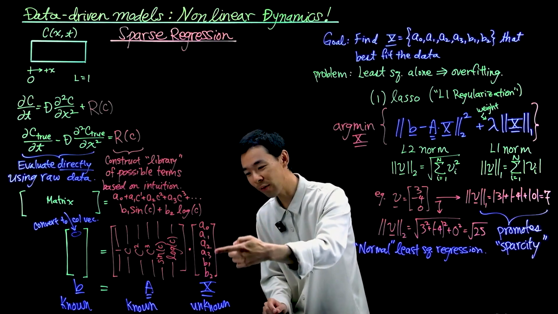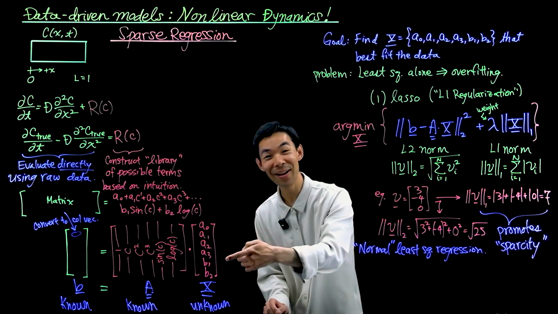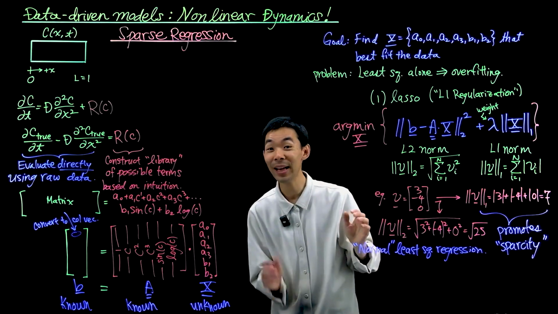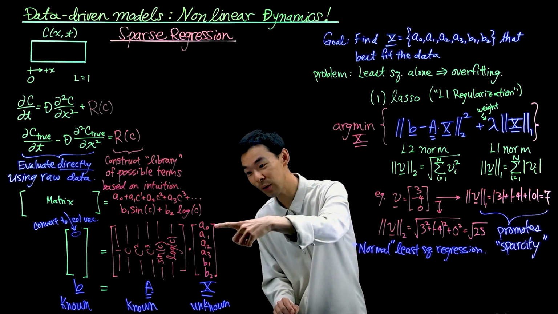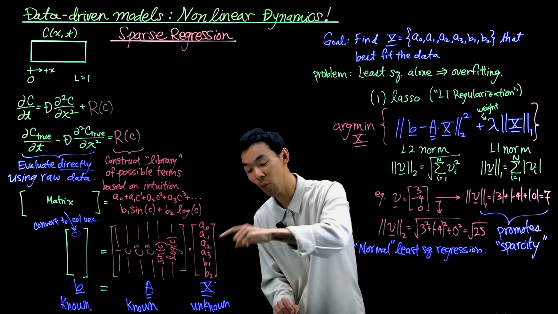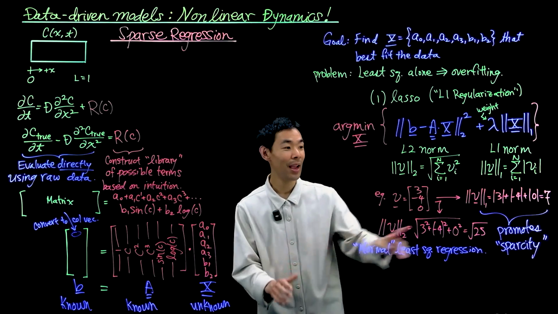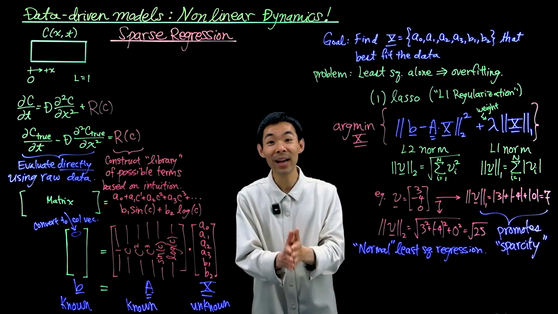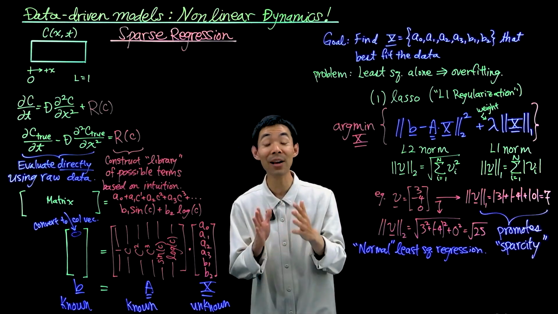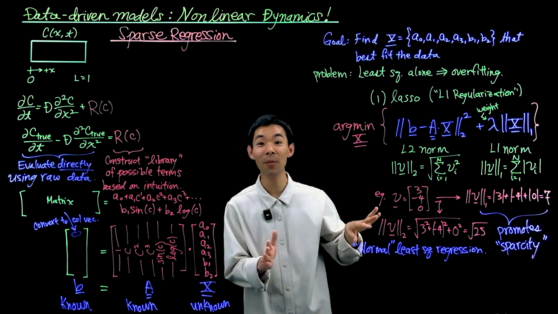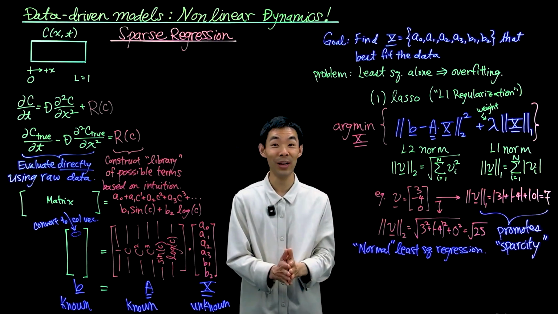I don't want all of these to be filled with numbers because I'm going to add up every entry, take the absolute value, and add them all up, and that's going to be a very big number. In contrast, if this were like 1, 0, 0, 1, then I only have 2 active elements, and therefore the L1 norm would be very tiny because there's only 2 entries or 2 terms inside the entire vector that's actually active. Everything else is 0. And therefore, from a sparsity standpoint, it's a huge victory.